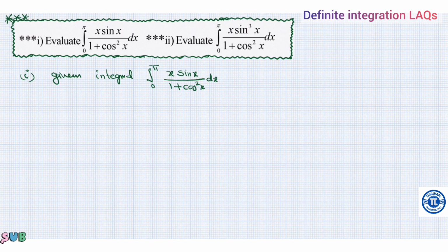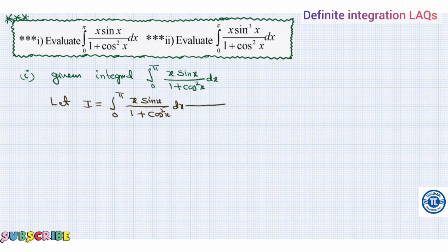First, let I equal the given integral, from 0 to pi of x sin x by 1 plus cos square x dx. Let's call this equation number 1. Now apply King's rule.